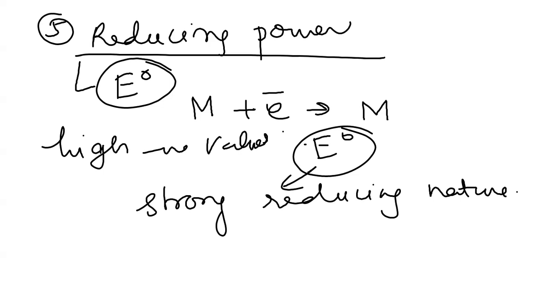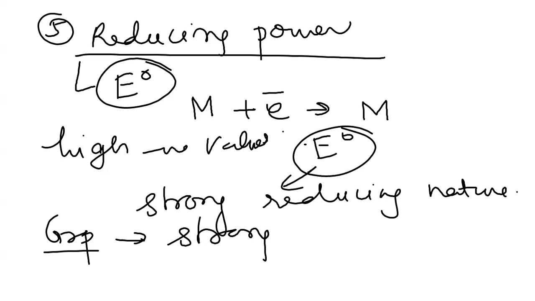And lithium is the most powerful and sodium is the least powerful. Similarly, in group 2, all the alkaline earth metals have high negative values of standard reduction potential. So we see that group 2 is a strong reducing agent.